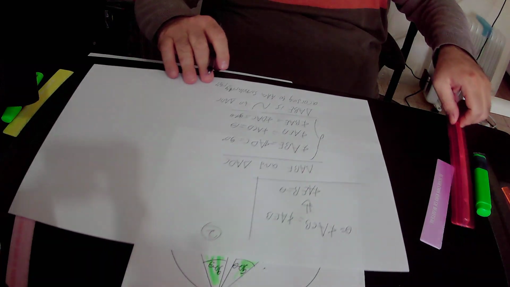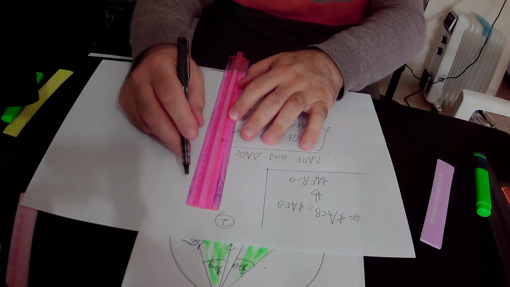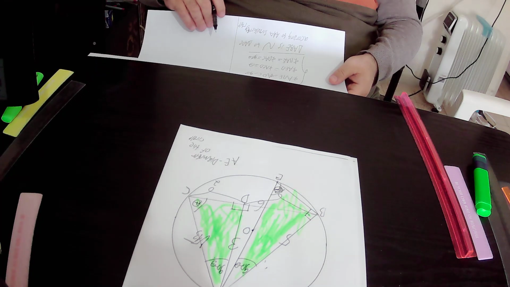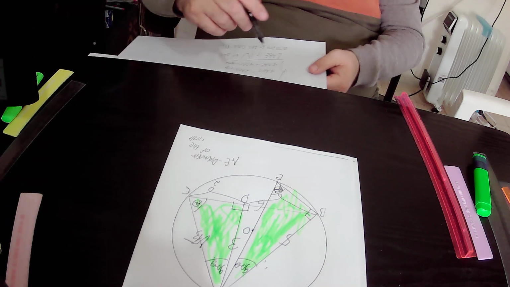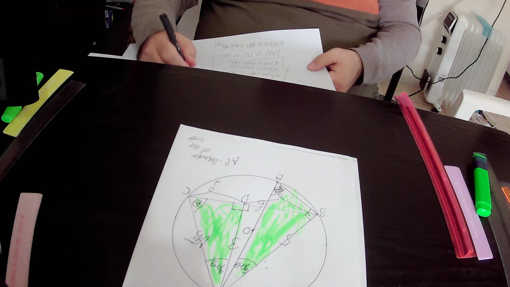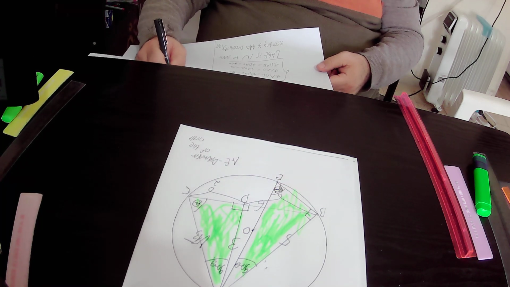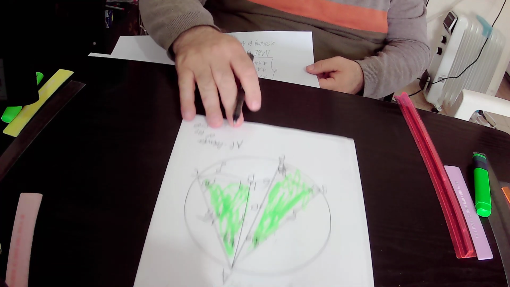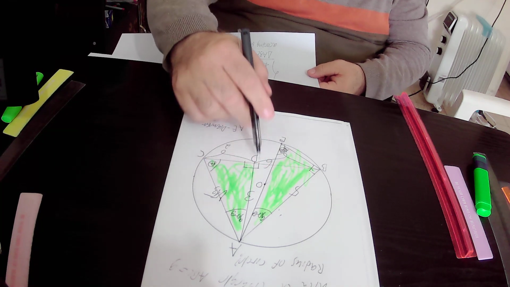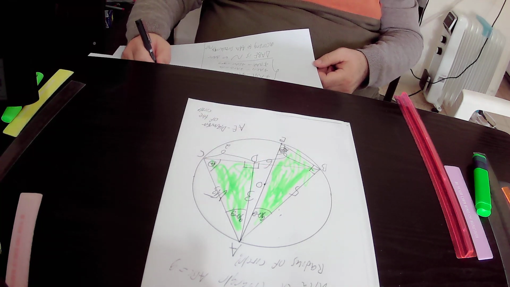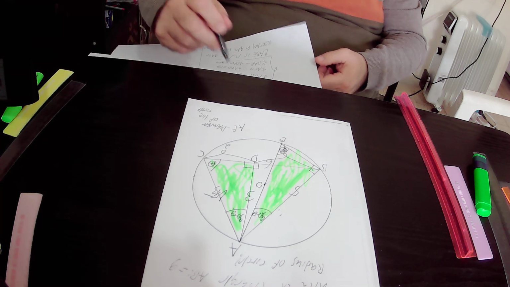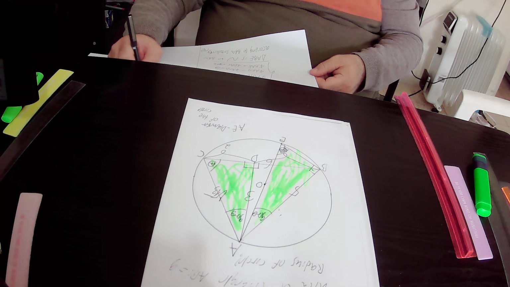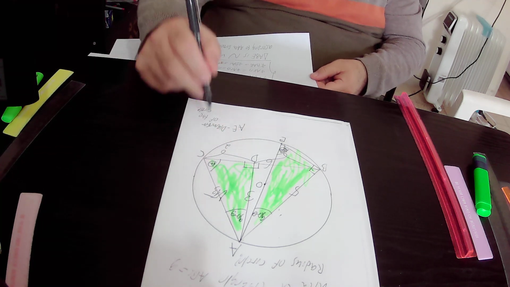From the fact that the two grand triangles are similar to each other, we will conclude that the following equation is true, that AB over AD equals AE over AC.